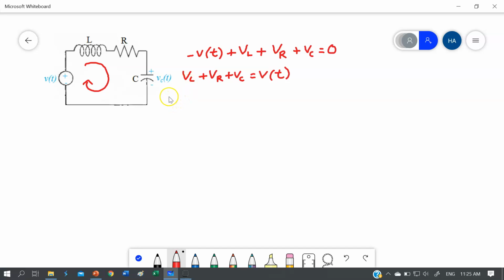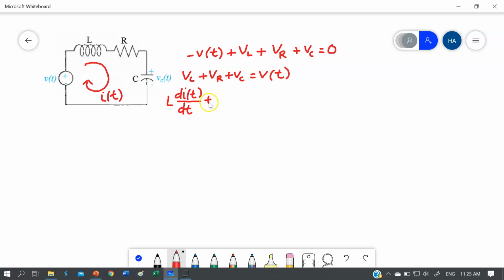The inductor is L dI(t) over dt. This equation is true because we know that current is flowing inside the circuit.